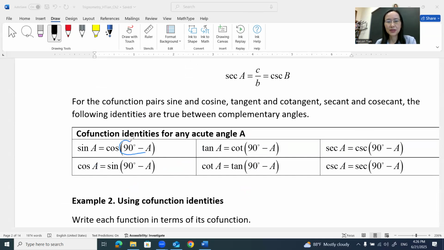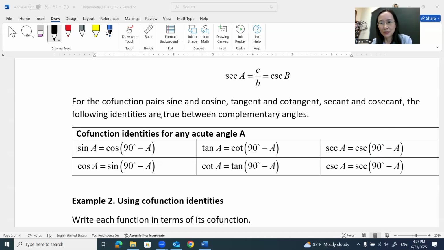That was the B I previously wrote, which is the complement of A. Tangent A is cotangent of the complement of A. Secant A is the corresponding cofunction, cosecant of B. That was B, what I wrote earlier, but that is now denoted by just 90 minus A. So that is the cofunction identity for each case.